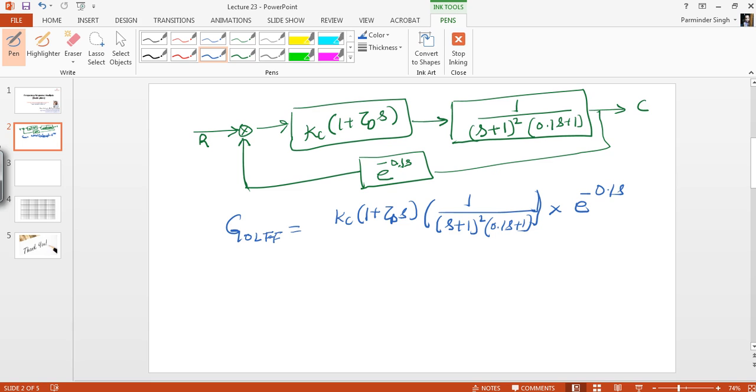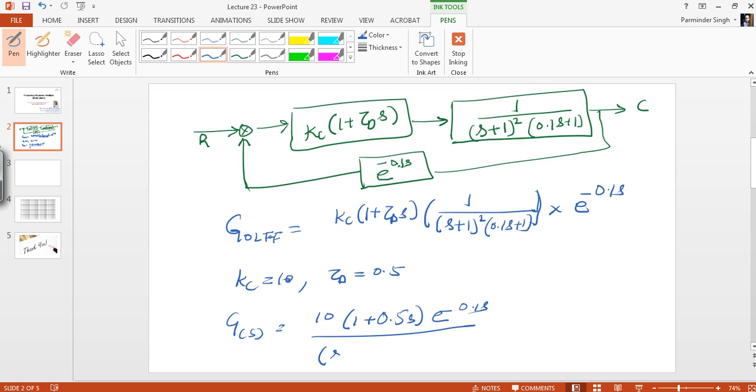Now for a value of Kc equal to 10 and tau_d equal to 0.5, we can write down the overall open loop transfer function as 10 into (1 + 0.5s) into e^(-0.1s) over (s + 1) whole square into (0.1 s + 1).